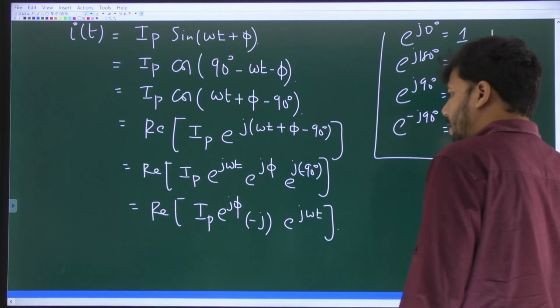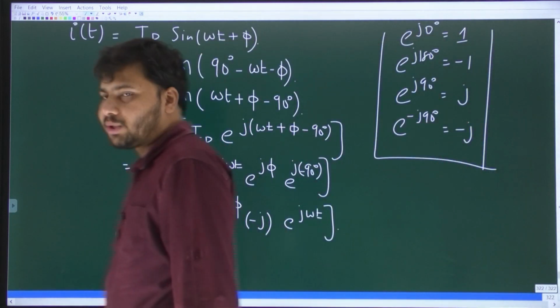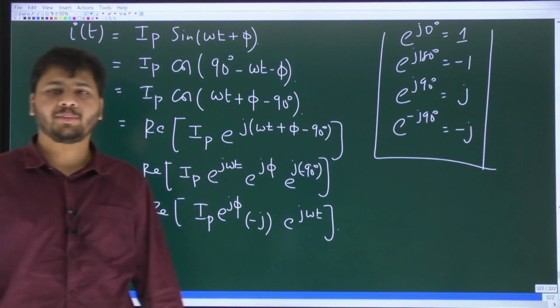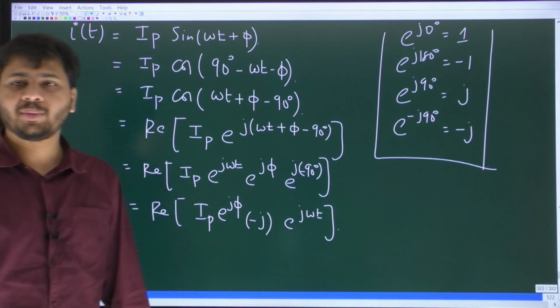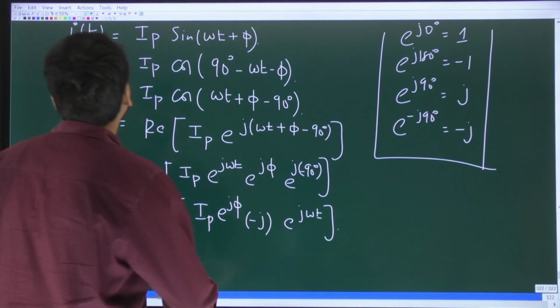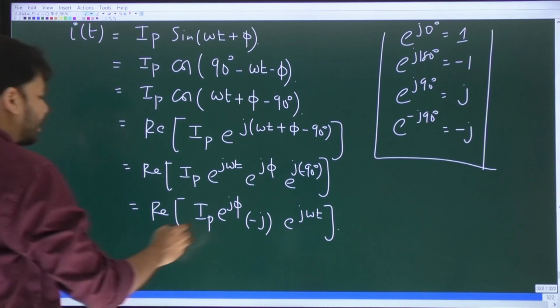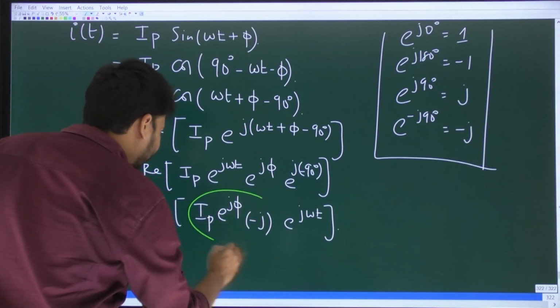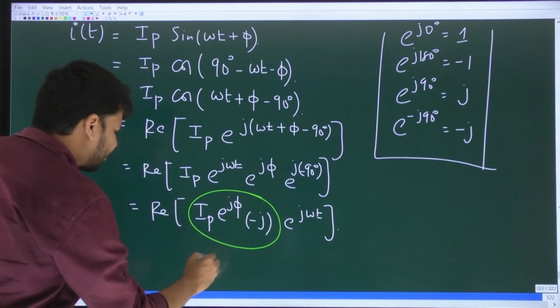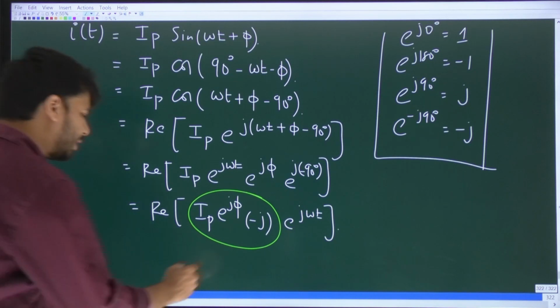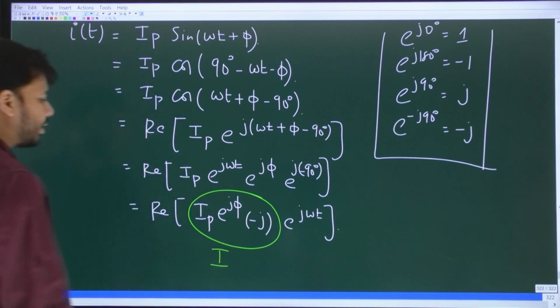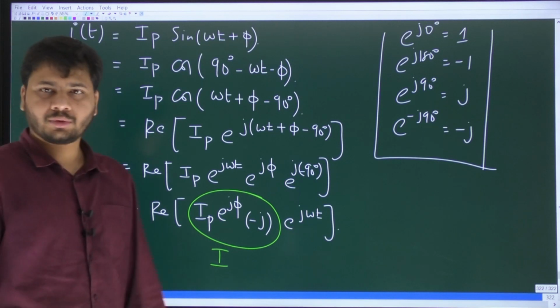So now coming to this current, are we not also having a complex number that is multiplying this e power j omega t, and this complex number is going to be the phasor current. Phasor voltage is denoted by capital V, phasor current by capital I. You understood?